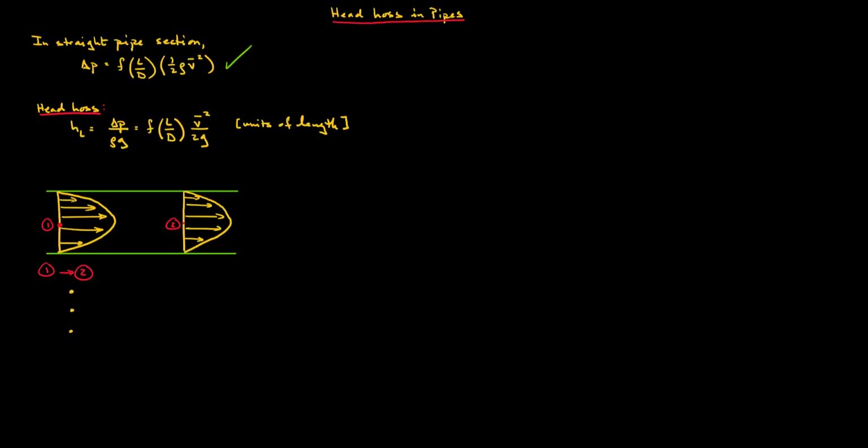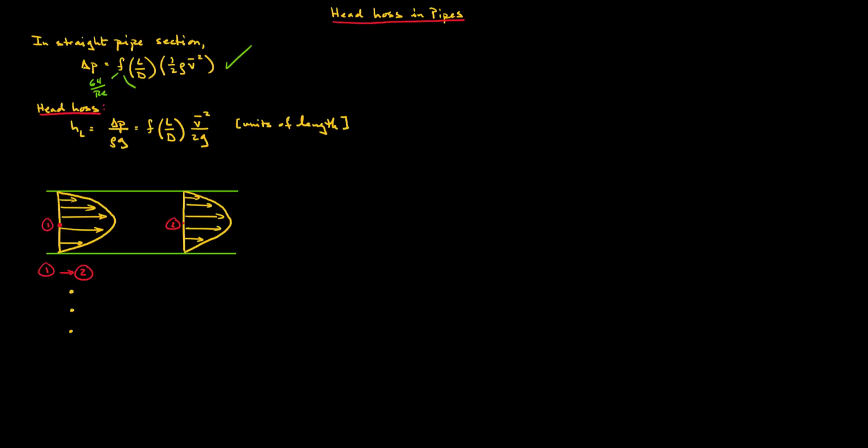In this video, we're going to formalize this idea with the concept of the head loss in pipes. So we saw that for a laminar flow, the friction factor has a nice analytical relationship given by 64 over the Reynolds number.